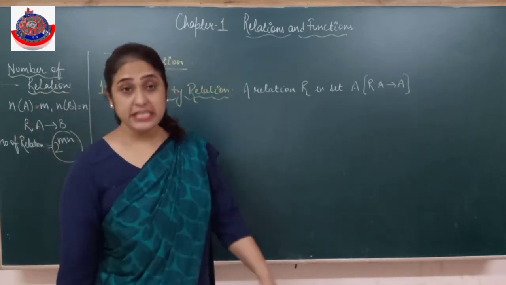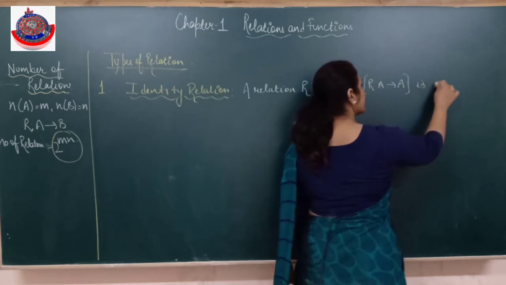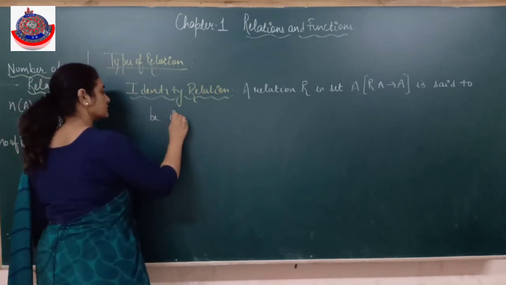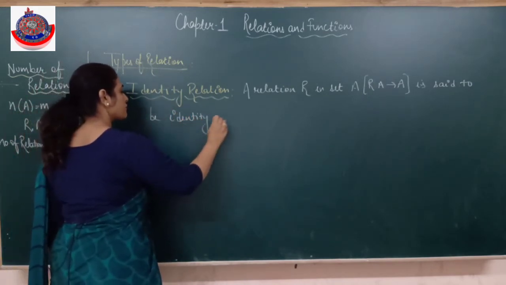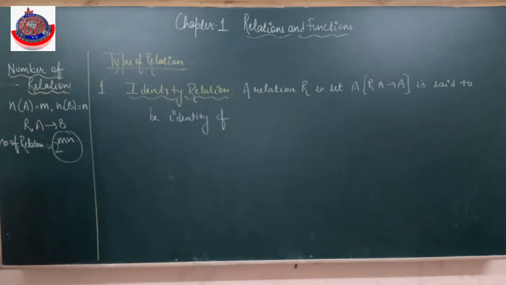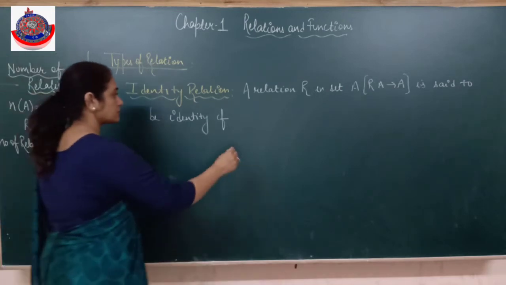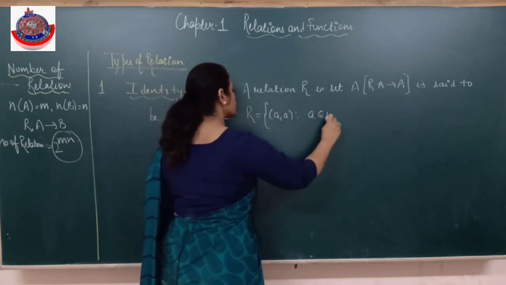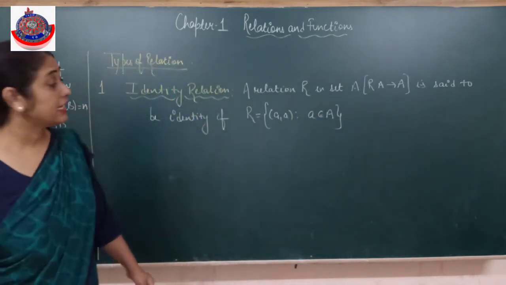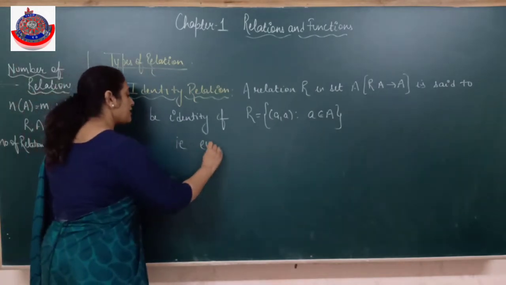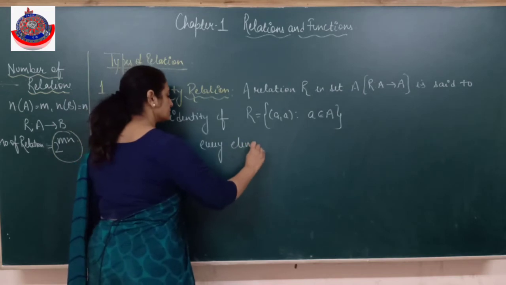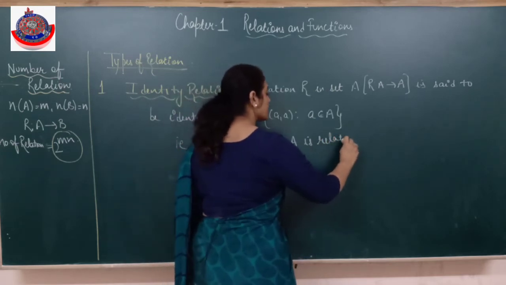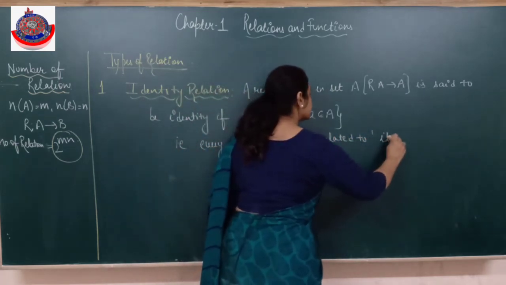A relation R in set A is said to be identity if R has all the order pairs of this sort, AA only, that means every element of A is related to itself only.